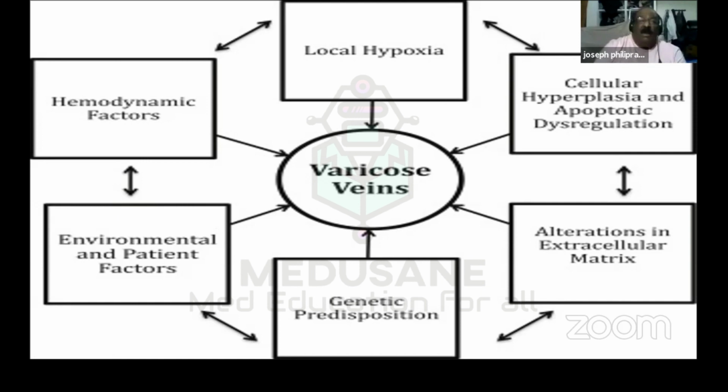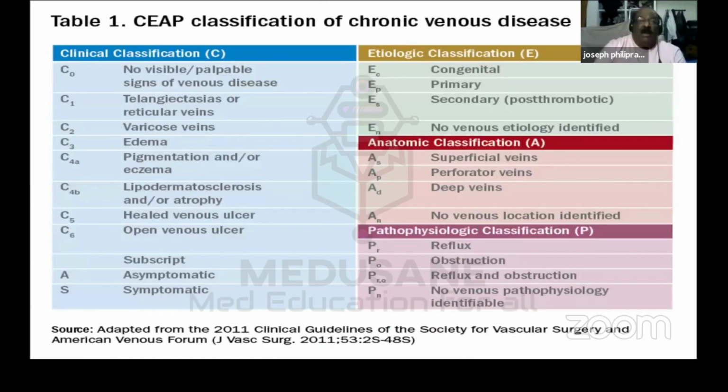Now, the basic thing you must remember is, number one, to know whether it is the superficial system, whether it is the long saphenous system or the short saphenous system. There is a classification known as CEAP. You must remember this CEAP classification.